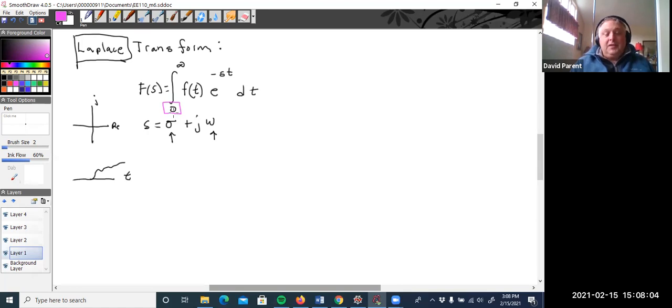Now, sure, we can time shift things however we want, but by having a lower limit here, that means built into everything is a step function. So this might be the transform itself, but we're going to find that when we go back and forth between Laplace and inverse Laplace, you have to add that step function back in, right?